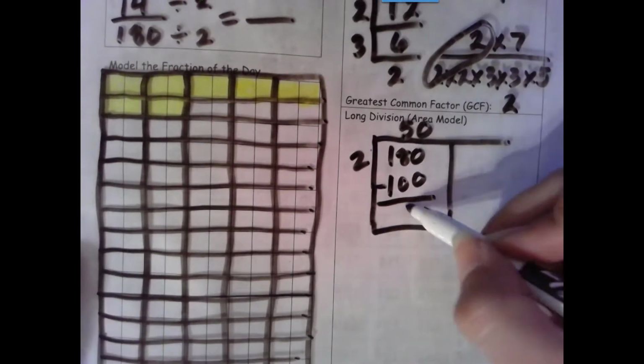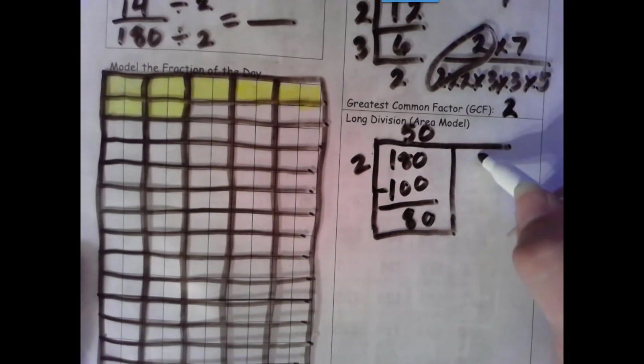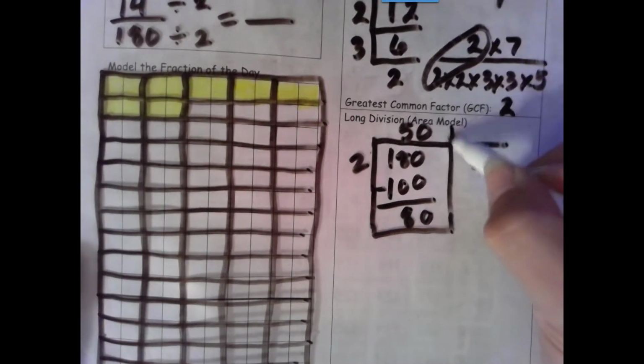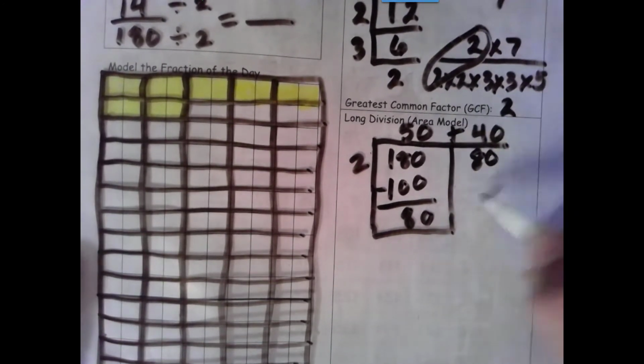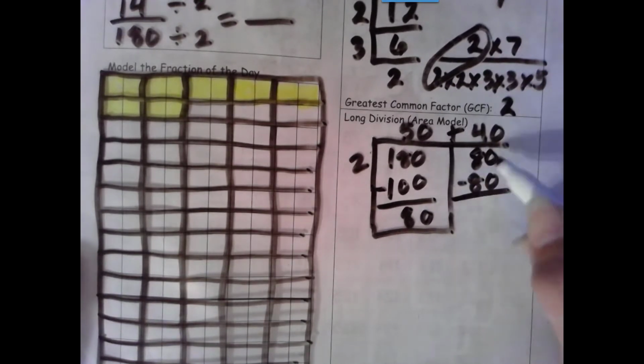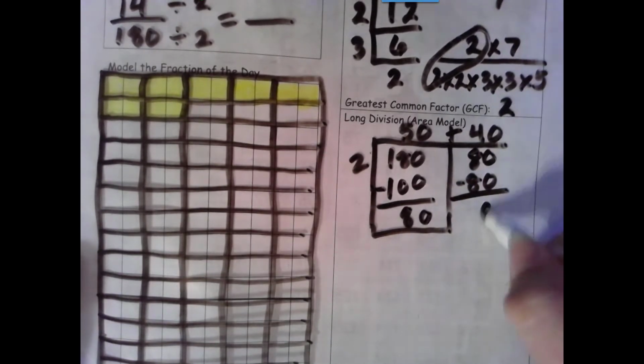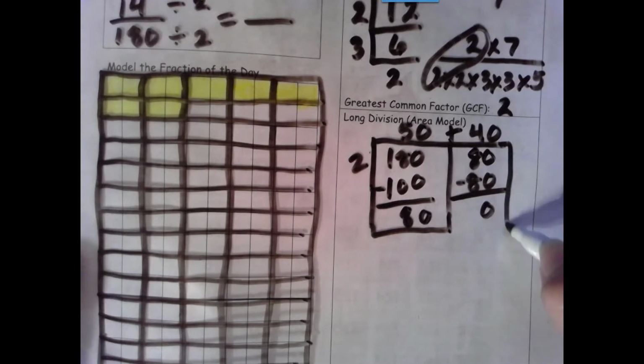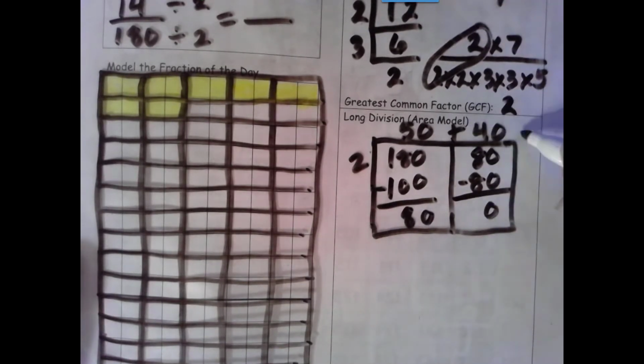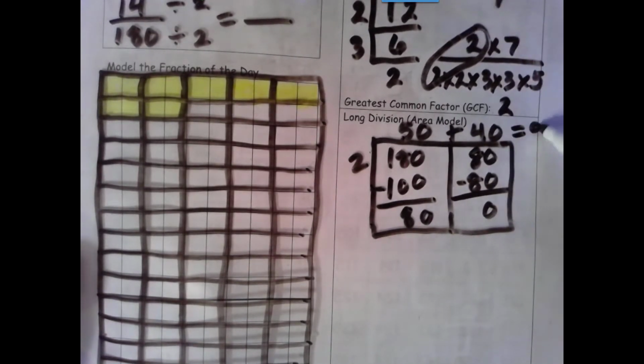Numbers the same, zeros the game. More on top, no need to stop. I'm going to bring 80 up here. 2 times 40 will give me 80. Numbers the same, zeros the game. Okay, add our partial quotients together, we get 90.